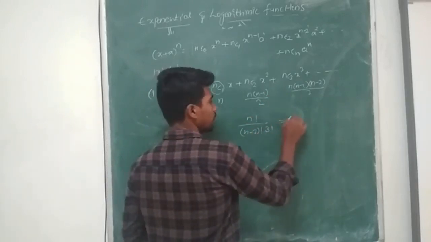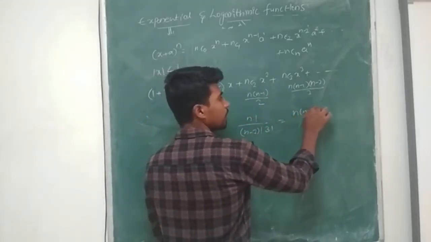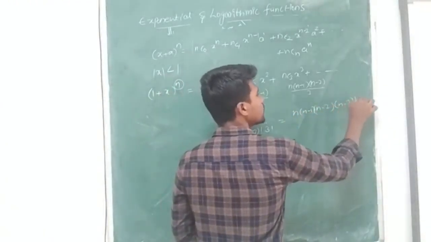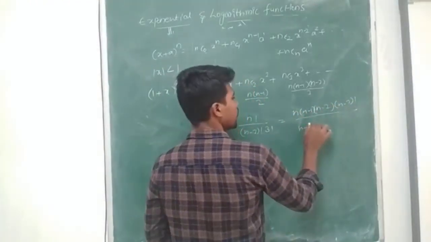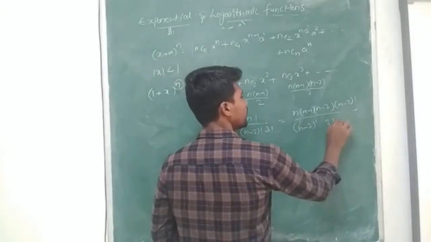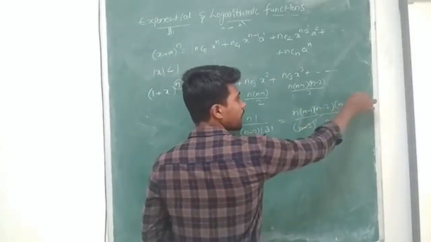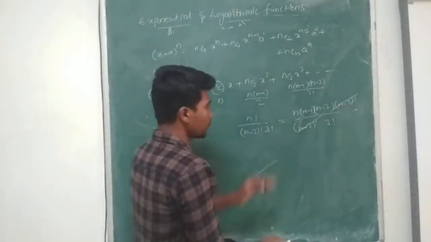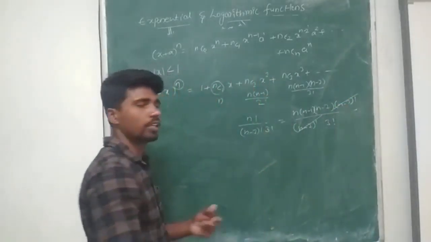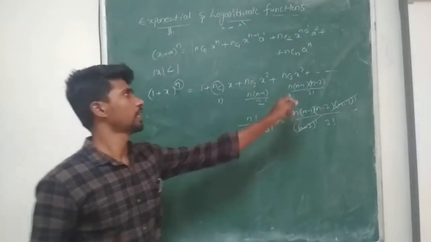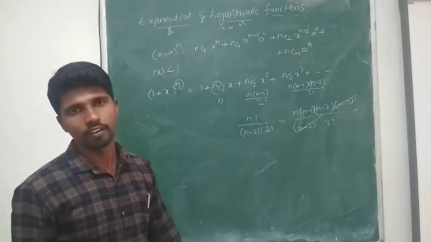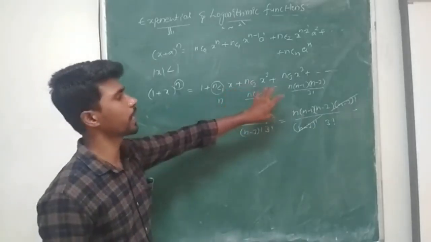So n factorial can be written as n into n minus 1 into n minus 2 into n minus 3 factorial, by n minus 3 factorial into 3 factorial. So n minus 3 factorial gets cancelled, and we get 3 factorial here. In the same way, 2 can be written as 2 factorial, and so on. What we get next one? n into n minus 1 into n minus 2 into n minus 3 by 4 factorial.